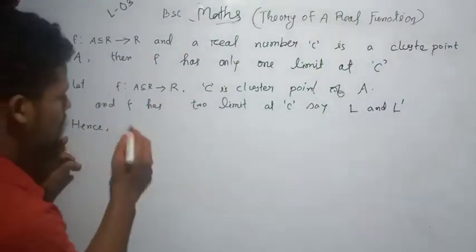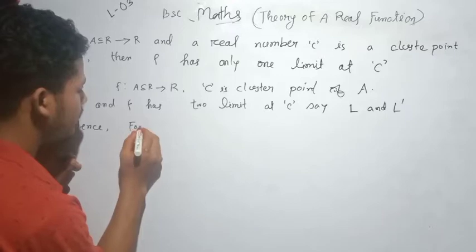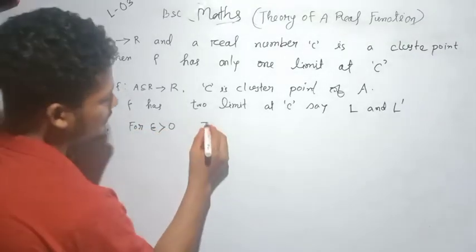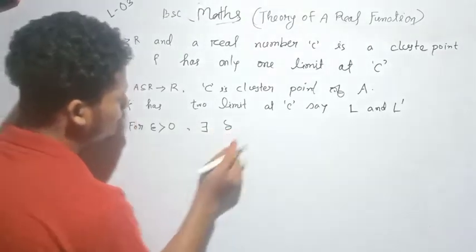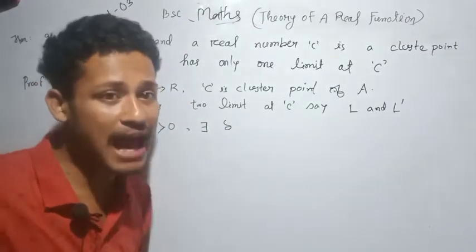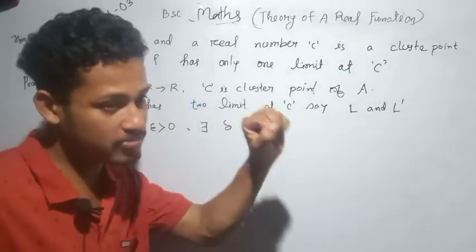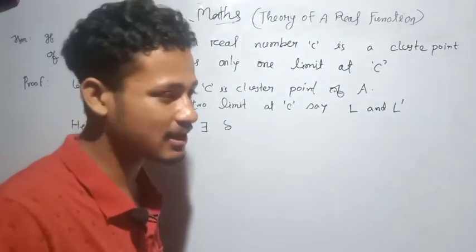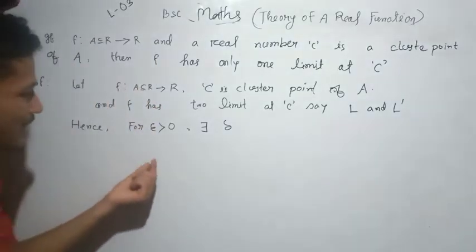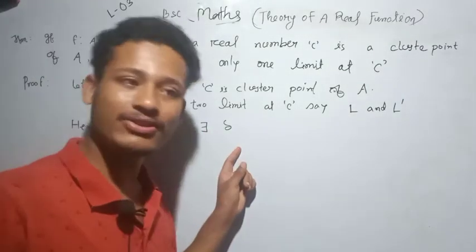So for epsilon greater than 0, there exists delta. If you give me epsilon, I will give you delta. That means delta is dependent on epsilon.